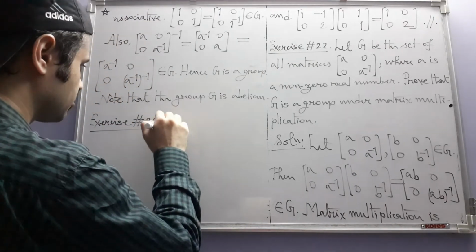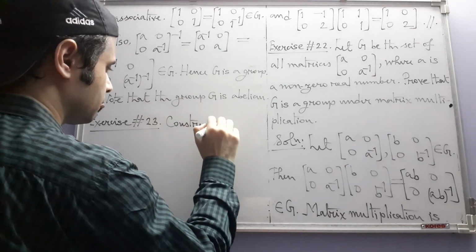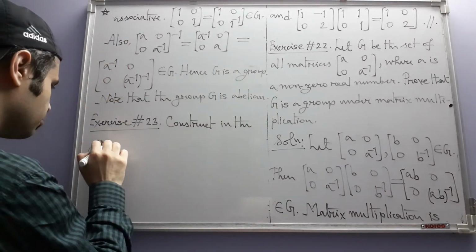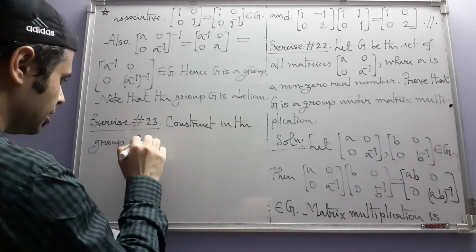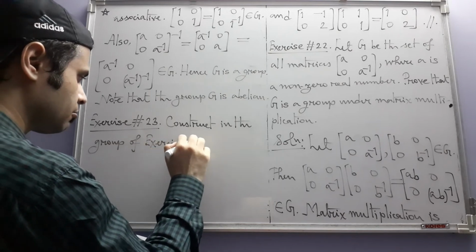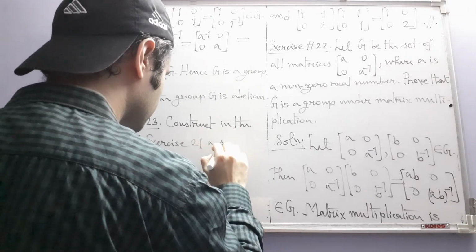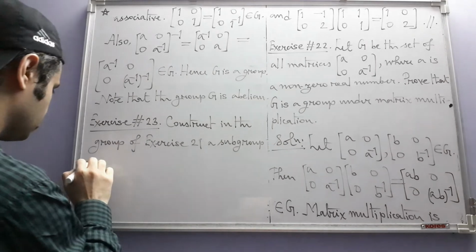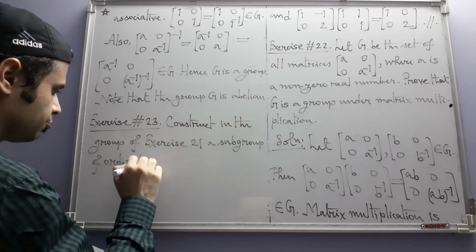Construct in the group of exercise 21 a subgroup of order 4.